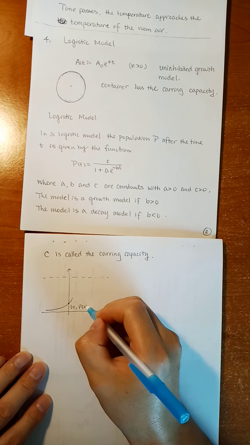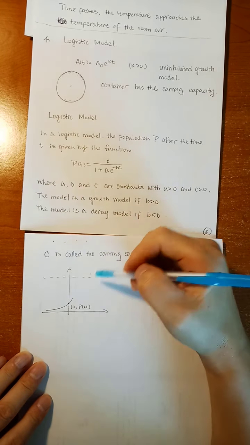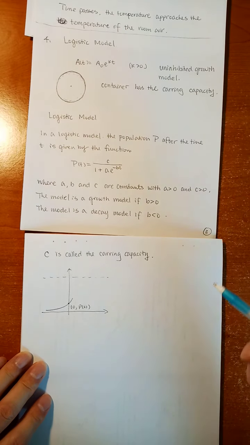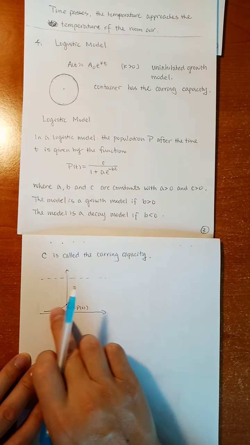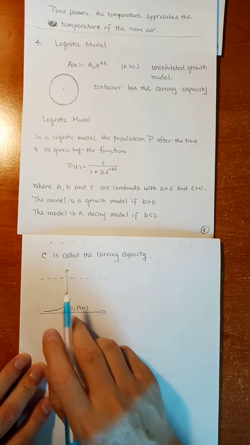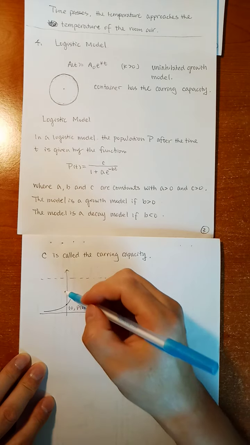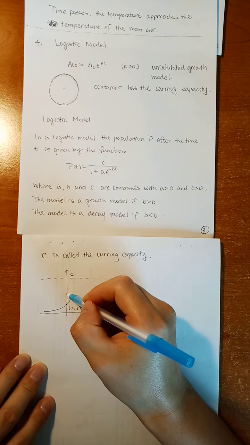When we talk about an abstract function, this t can be positive or negative. But in a real problem, t is always positive, so you ignore the negative part. When we sketch the graph of the whole function, we also sketch the negative part. And this is C. This is a half of C.